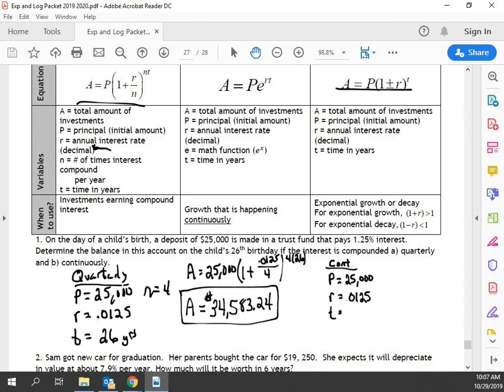Our time is 26. So let's see what we get here. Amount equals the principal times E raised to the 0.0125 times 26 power.